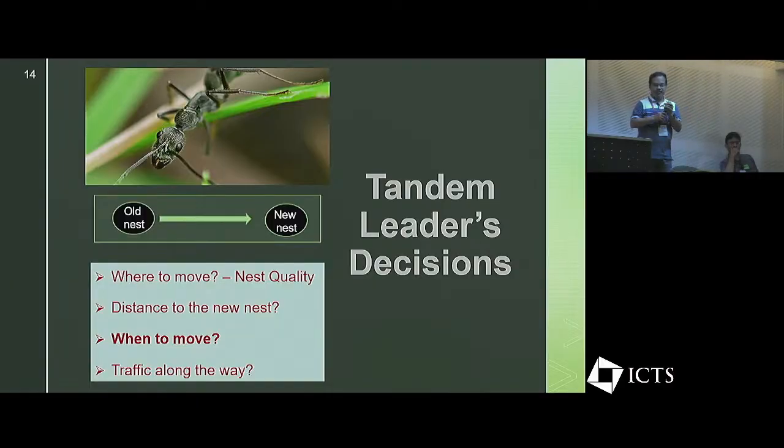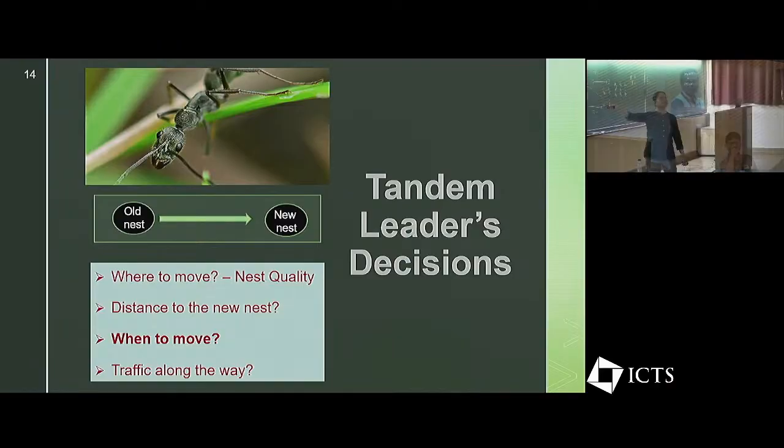Correct. So it is not as simple as what we're projecting it to be, where only one stressor is present at any given time, right? There can be a combination of stressors. So like he suggested, if there is a good quality nest, but very far away, as compared to a poor quality nest, which is close by, then what is it that they will choose, right?